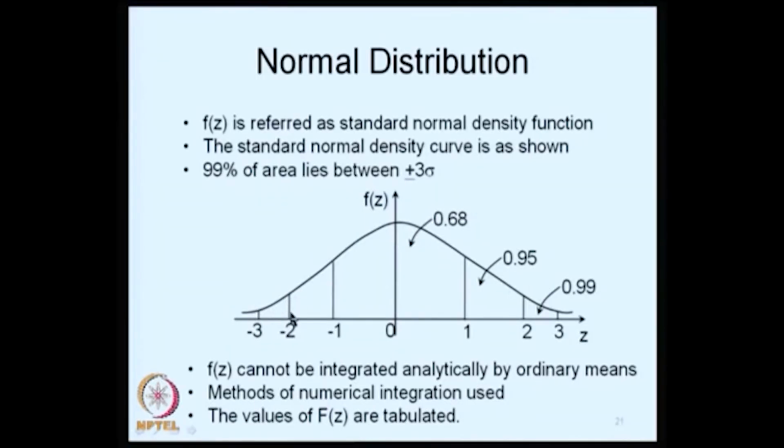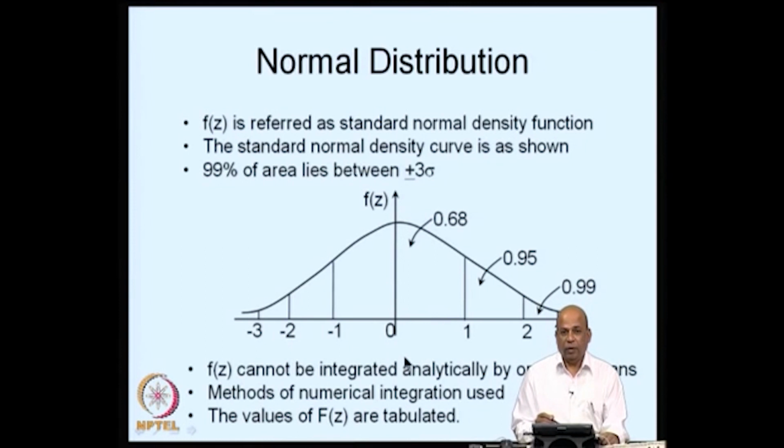Let us look at how the standard normal distribution looks. So, the f z, which is the PDF of z, is referred to as the standard normal density function. If you plot the standard normal density function, it looks like this. It is perfectly symmetrical about z is equal to 0.